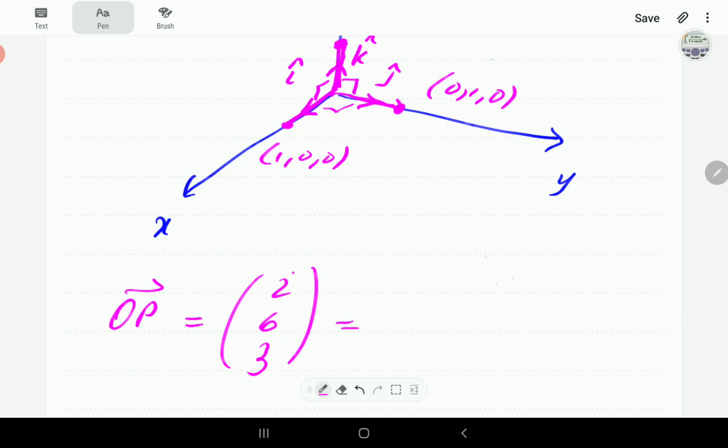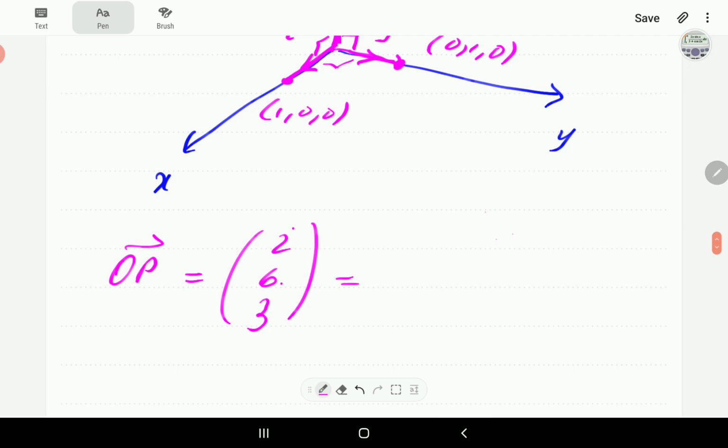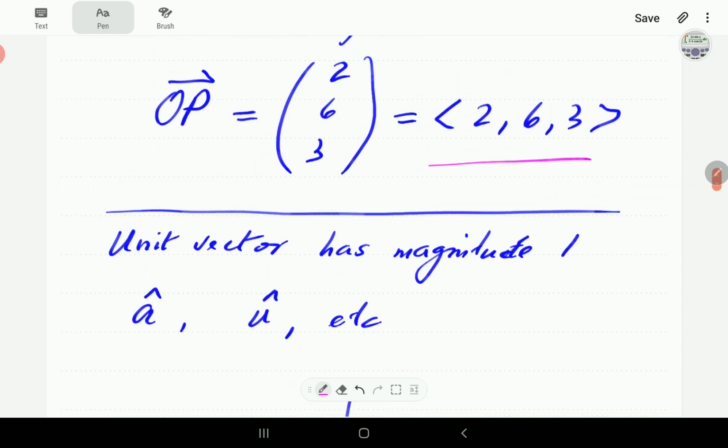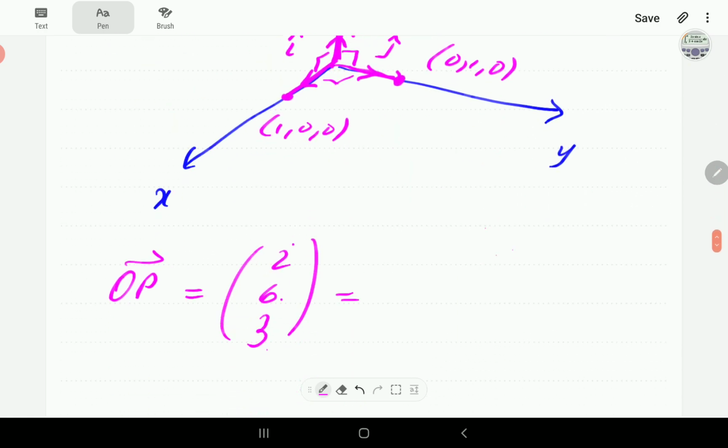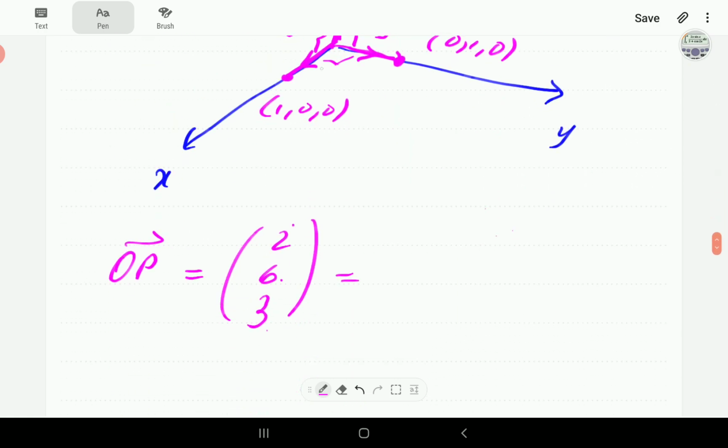That's the x component. It's the y component. That's the z component. So that means in the direction of i, we got 2. So we can write this as 2i plus 6j plus 3k.